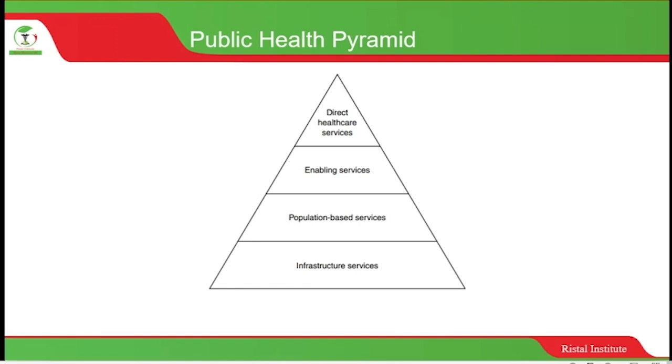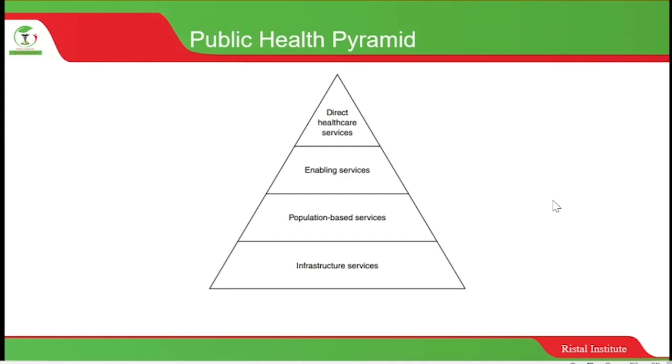So it can include essential structures, systems, and functions that support all health activities. Here you may find key functions such as health workforce training and management. There can also be data collection, research, and health information systems.